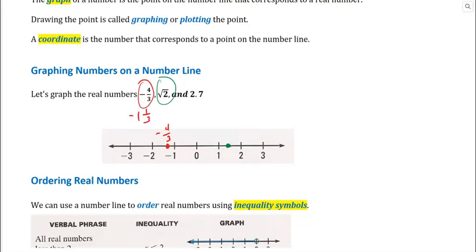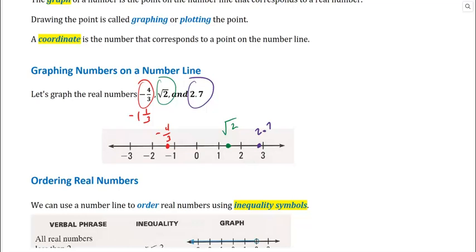So probably about here. So square root of 2. And then, of course, the last one, 2.7. 2.7 is going to be somewhere between 2 and 3, closer to 3, so probably about here, 2.7.